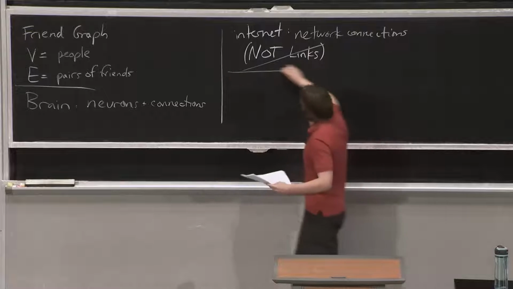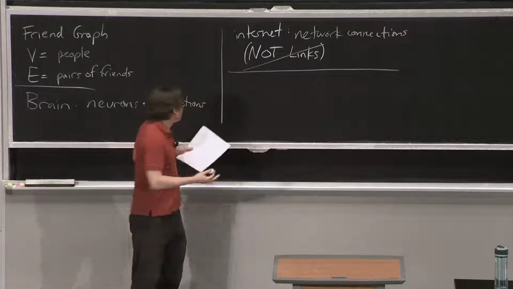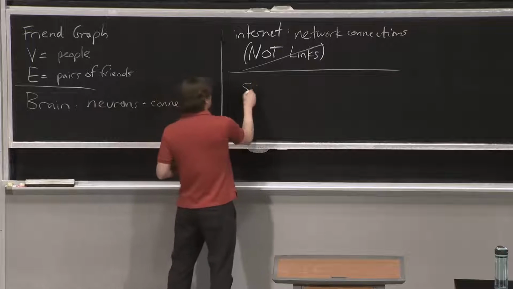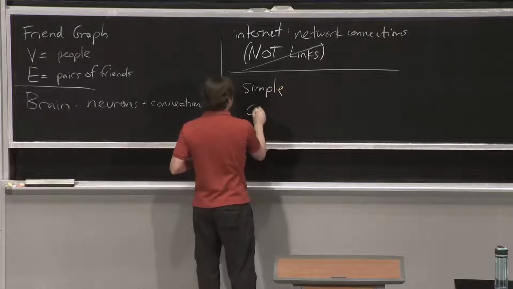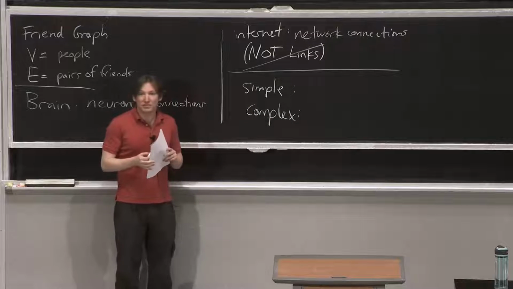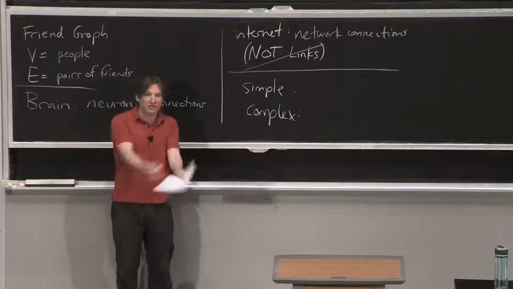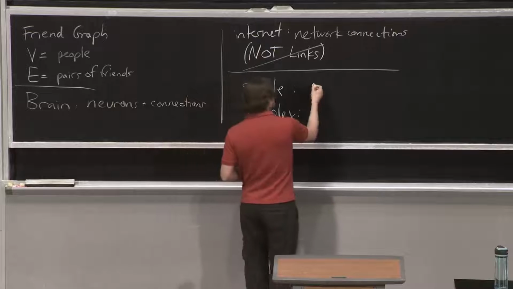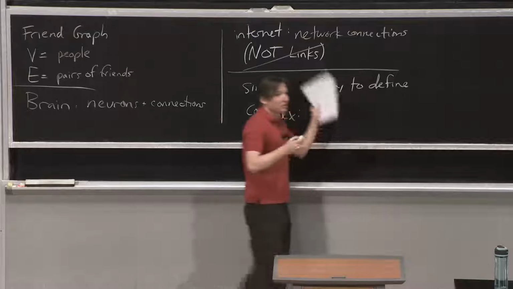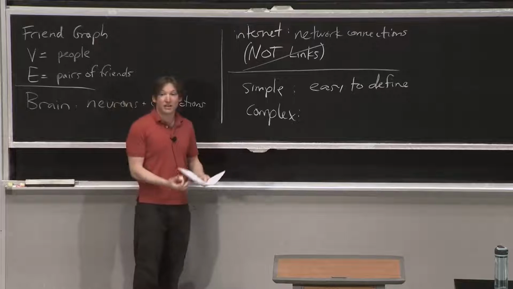And graphs, I said earlier, graphs are a really useful abstraction. And I claim that they're useful because they strike a nice balance between simplicity and complexity. On one hand, graphs are simple to define and describe. They're simple conceptually. It's just a set of objects and a set of pairwise relationships. Easy to define. So as we just saw, there are lots and lots of real scenarios that can be modeled faithfully as a graph.